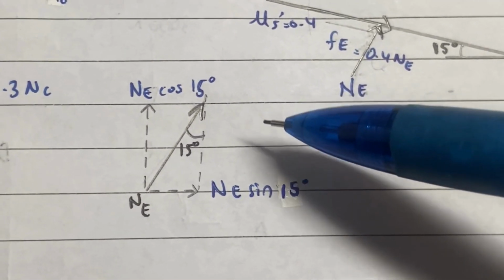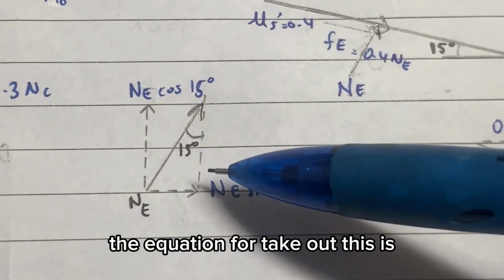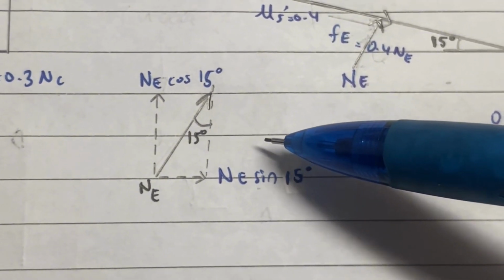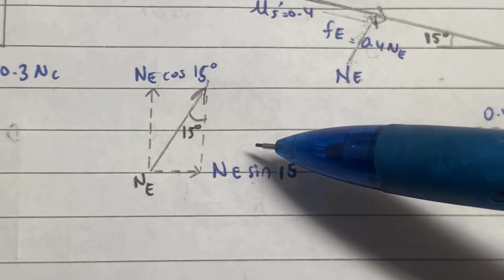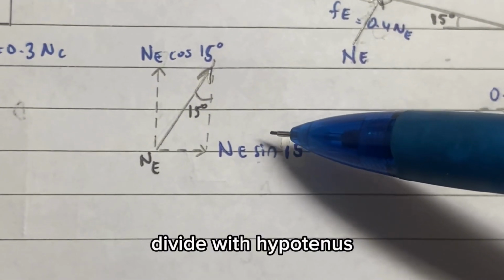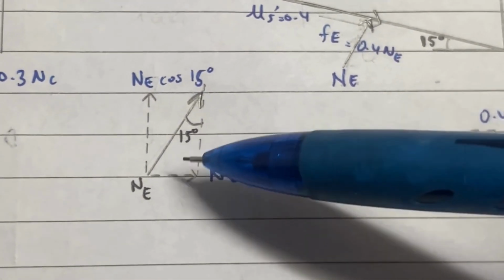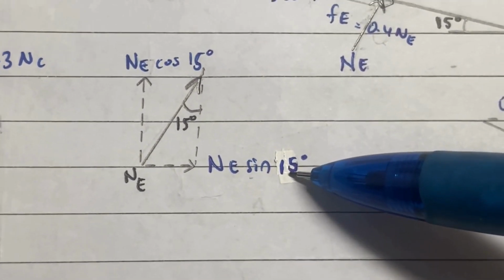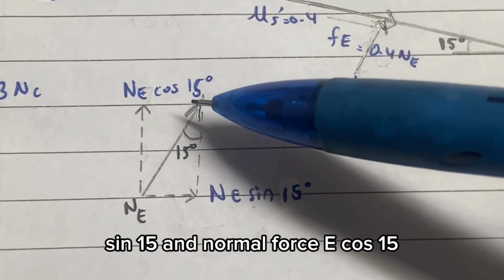The equation for this is sin equal to opposite divided by hypotenuse, and then we get normal force E sin 15 and normal force E cos 15.